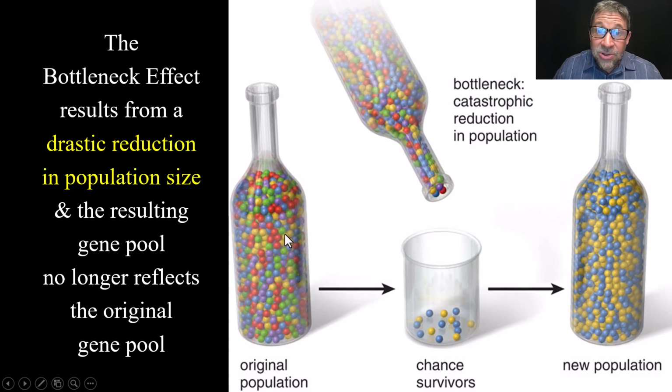But whatever the cause, most of the original population, with all of its genetic diversity, so this represents the population, the different colors of the marbles represent different alleles. We can see most of the individuals do not survive. So we're talking 90% mortality.